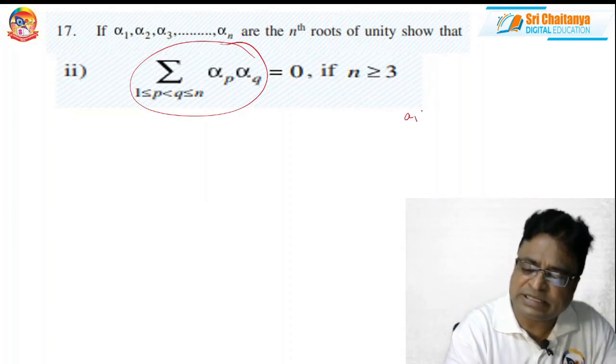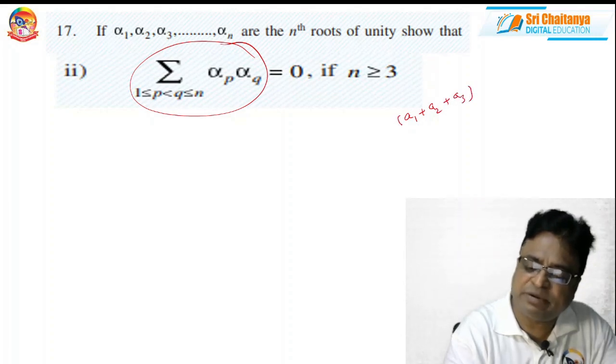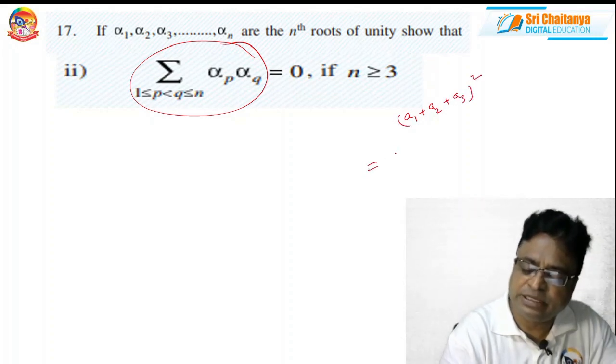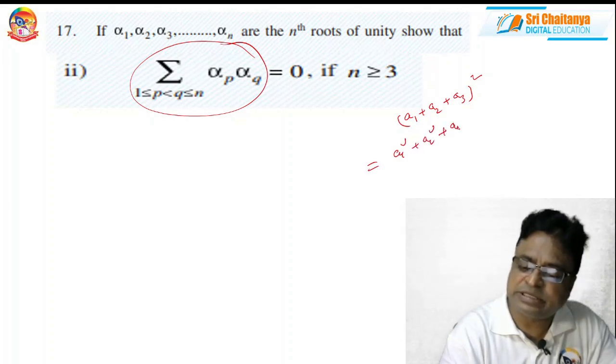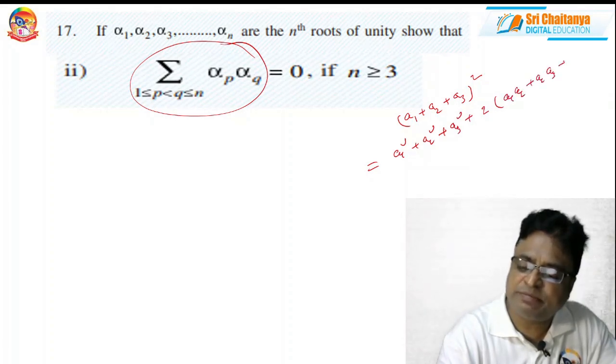See, my friends, let us see. (a1 + a2 + a3) whole square is given. What is (a1 + a2 + a3) whole square? This is a1 square plus a2 square plus a3 square plus 2 into (a1a2 + a2a3 + a3a1).